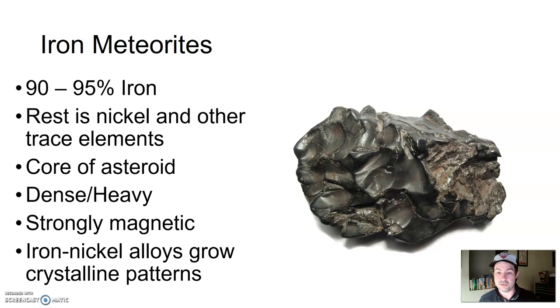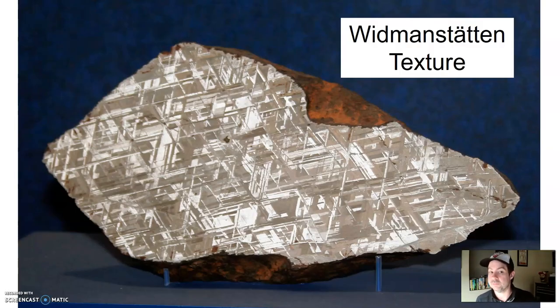Here on Earth, if we have molten iron and we're cooling it off and it cools to a solid, it's not going to form this crystalline pattern that we sometimes see when we cut open and polish the inside of iron meteorites. This only happens outside of the realm of gravity, so out in space. And this texture is called Widmanstätten texture. This cool, like, triangulated kind of pattern.